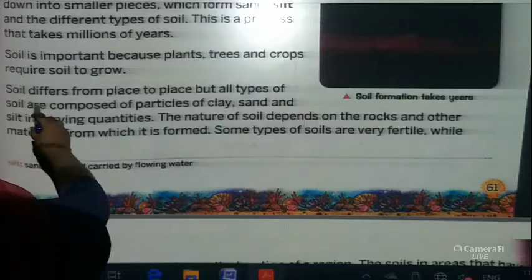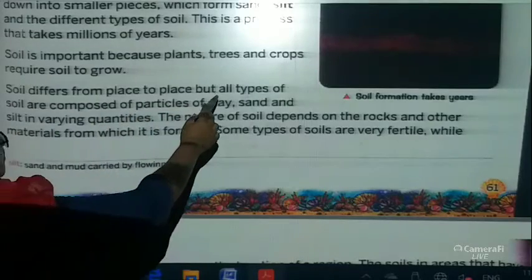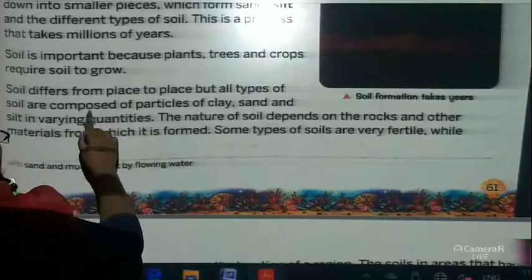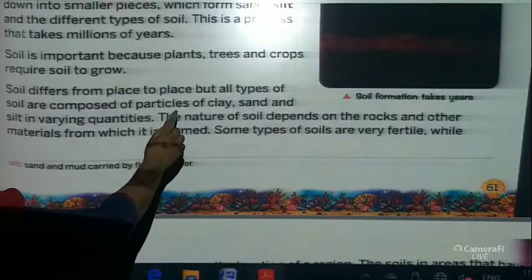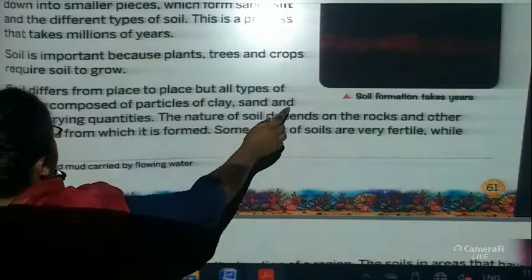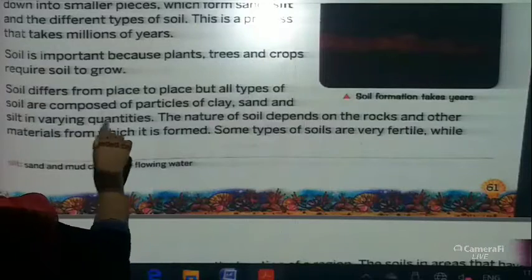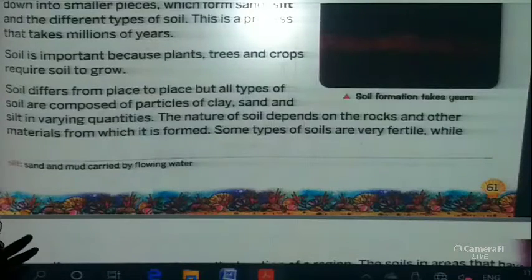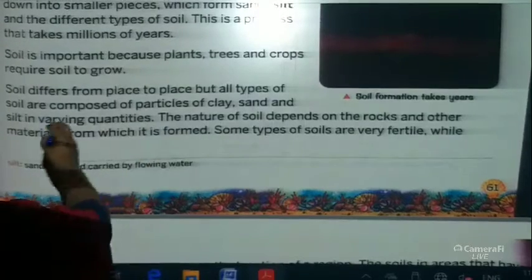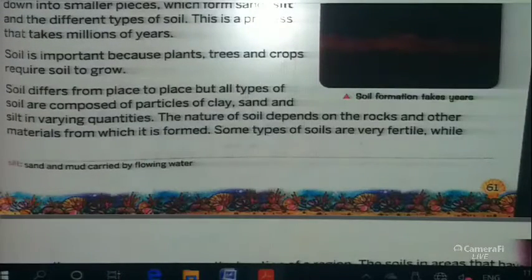Okay. Soil differs from place to place, but all types of soil are composed of particles of clay, sand and silt in varying quantities. Now in all types of soil you will find clay, sand and silt, but in various quantities.